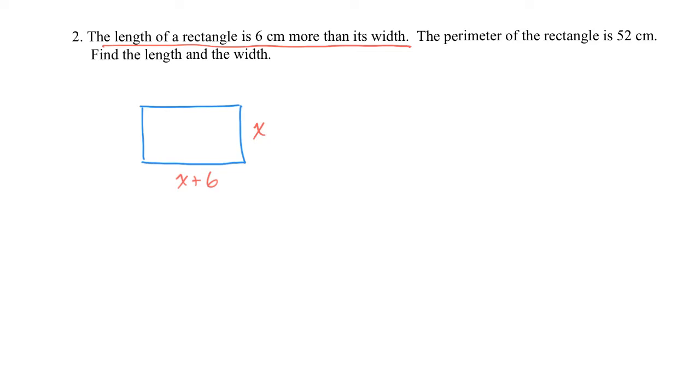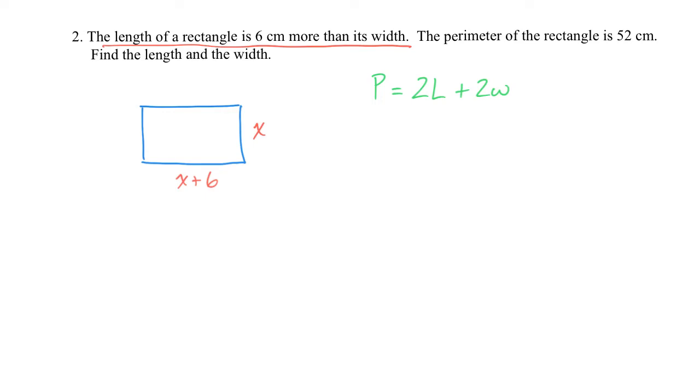Okay, if we've got that, now what I want everybody to do is to try to build an equation to match this. Okay, pause the video now. Okay, we're back. So for us to calculate the perimeter of a rectangle, we could just add up all those side lengths, but there might be a little bit of a faster way. I'm hoping that we recall that the perimeter of any rectangle is 2 lengths plus 2 widths.